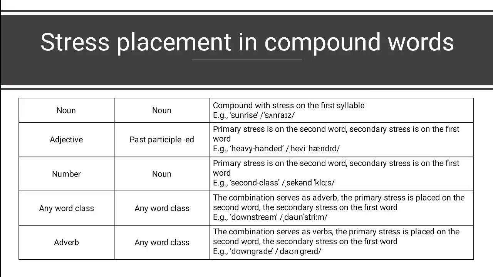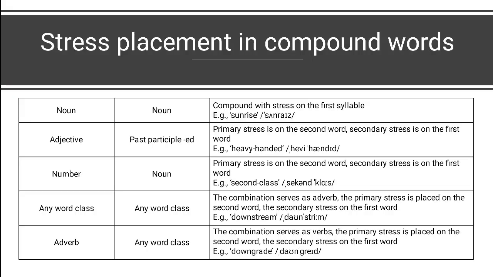The stress is on the first syllable, sun. If the unit consists of adjective and past participle -ed, there are two stresses, primary stress and secondary stress. The primary stress is on the second word and the secondary stress is on the first word, like in the word heavy-handed.